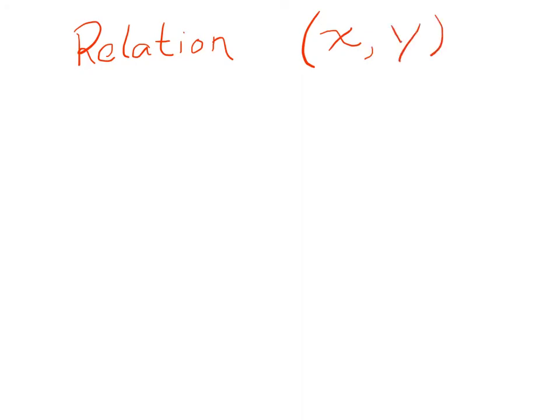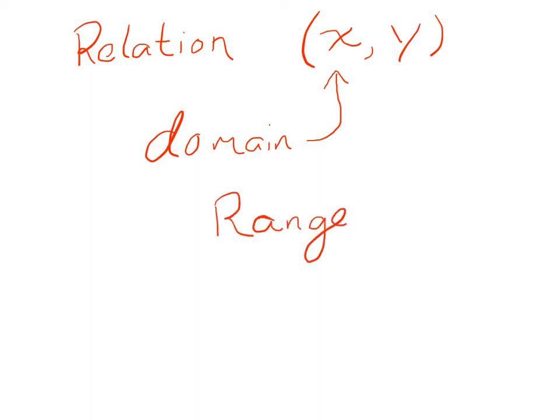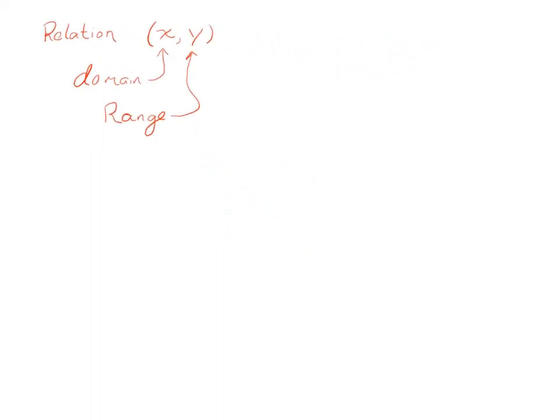Now, in that, the domain would be all of the x values that we are considering for this relation. And the range would be all of the y values that we are looking at in this relation. So, for example, let's put that right over here.